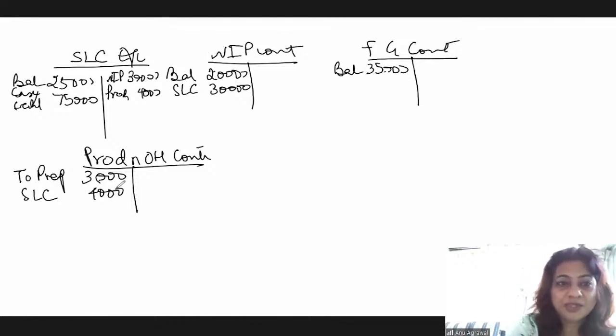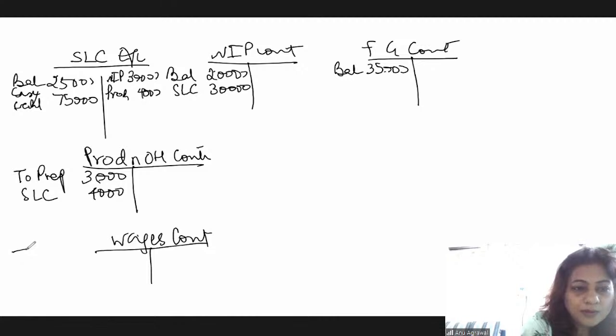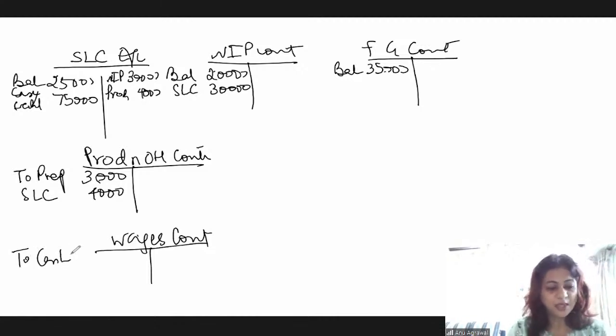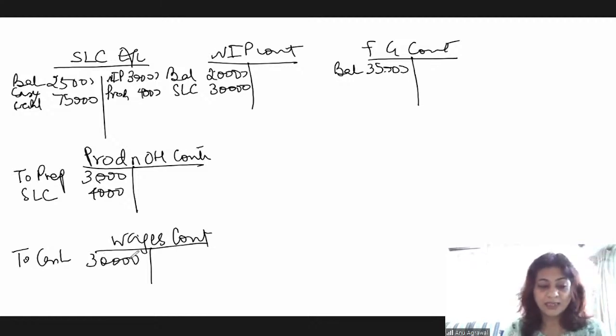Then we have wage control account. To cash or credit, I do not know. I'm just putting in cash. So total wages paid, I'm assuming it is in cash, 30,000. In this, they are telling us that direct workers is 25,000 and indirect workers is 5,000.